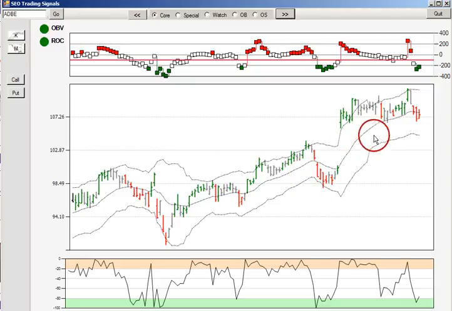The ideal situation would be that we see the current bar near or at the bottom of the Keltner channel before executing a signal, and the Williams percent R in the oversold region and coming out when the signal executes.